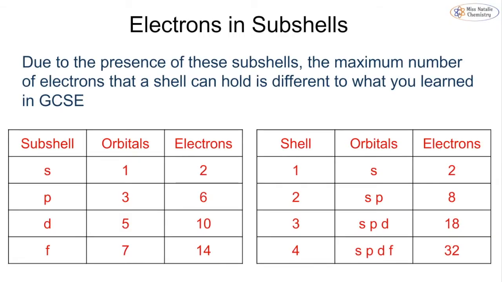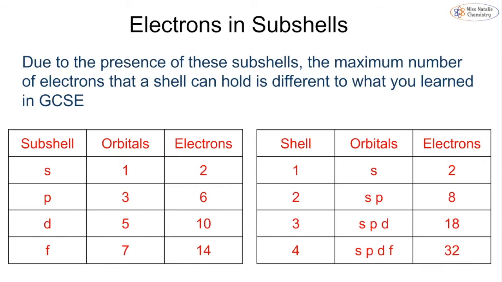Now, due to the presence of these subshells that exist in each of these quantum shells, the maximum number of electrons that a shell can hold is now different to what you've learned in GCSE. So what we're doing is just expanding your knowledge slightly. So in the S subshell, we have 1 orbital, and that 1 orbital can hold 2 electrons.